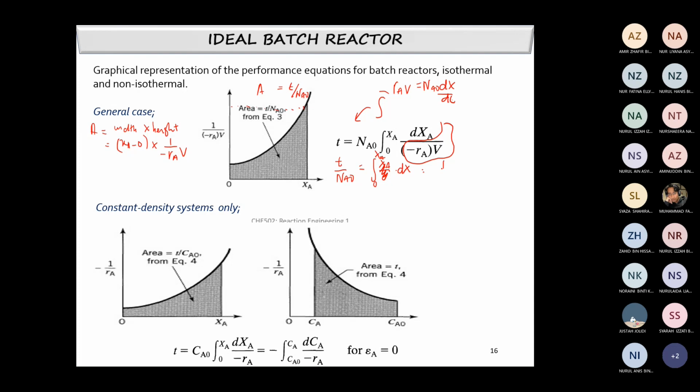So times with the 1 over negative RA times V. Okay, so ini kita integrate dx, dia akan jadi X kan, so XA to 0, so that's why dia akan jadi XA minus 0, times with the 1 over negative RA V. Okay, so ini adalah width dia and this one is dia punya height. So dapatlah area dia. Okay, faham ke?